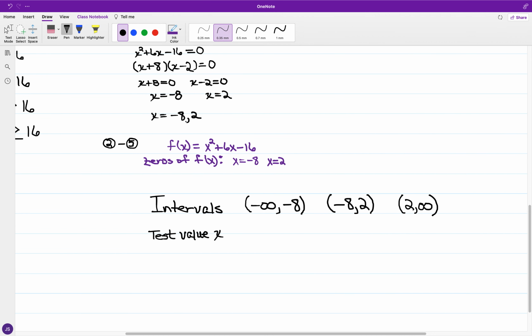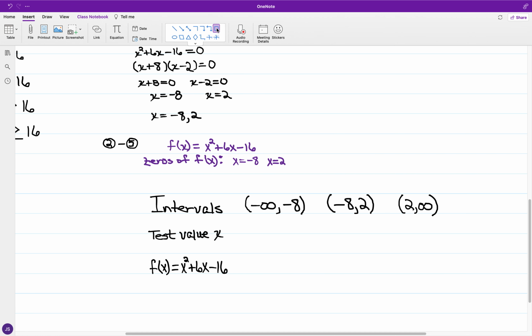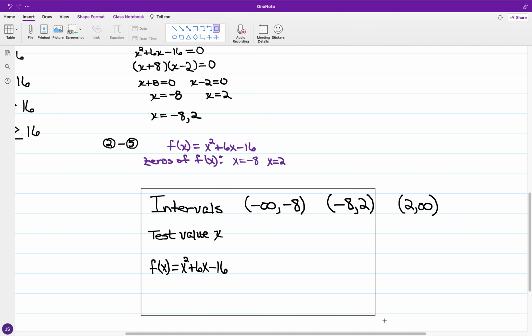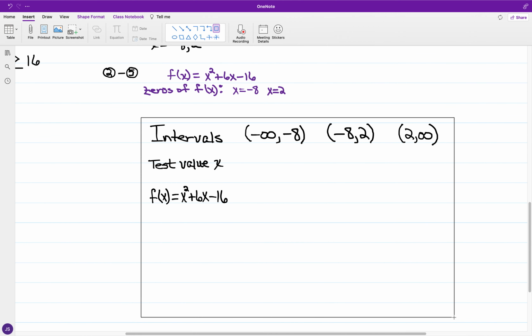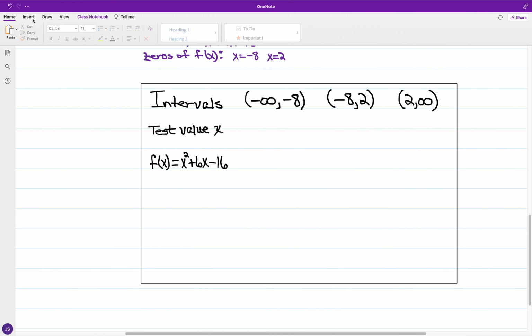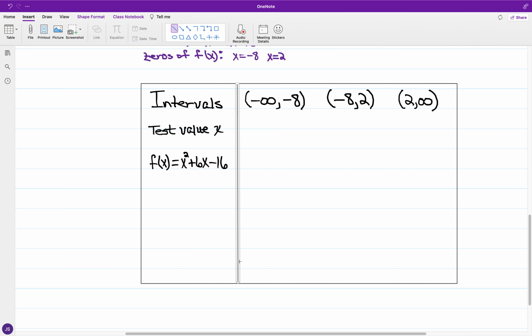And also again, we have this quadratic function, f of x is equal to x squared plus 6x minus 16. In setting up the table, I'm going to partition the interval sections.